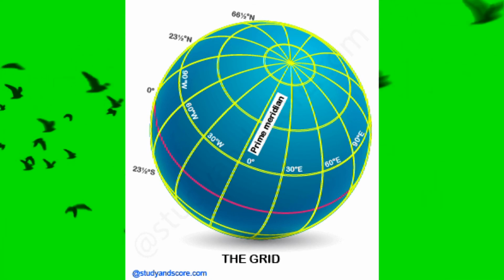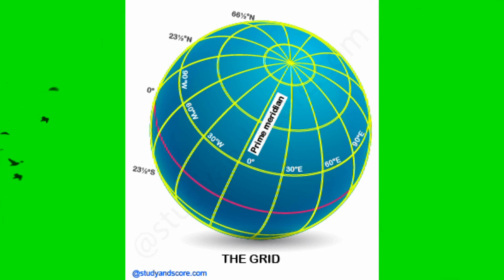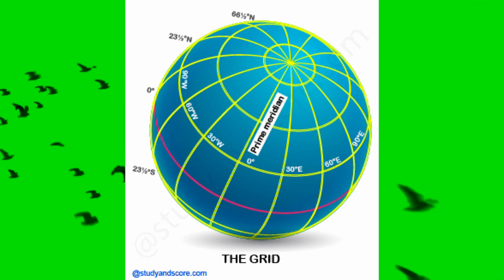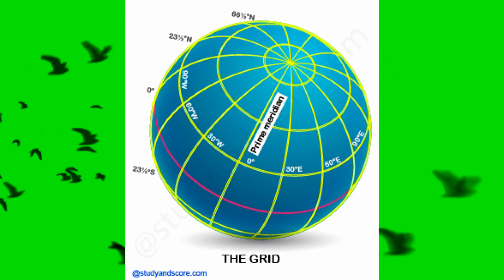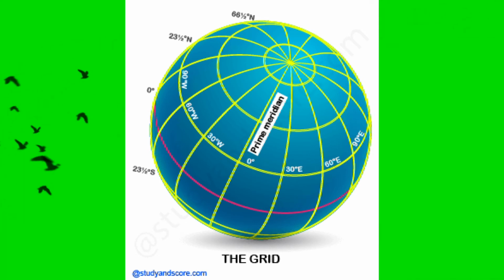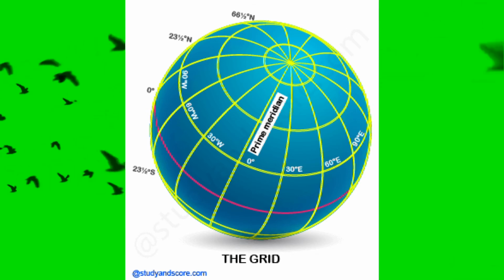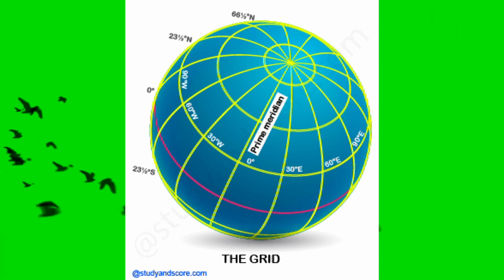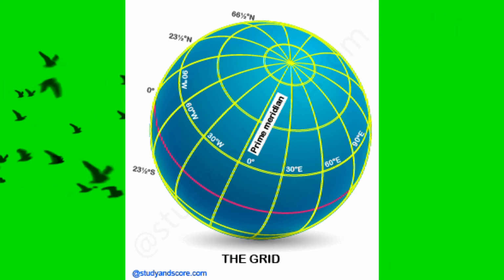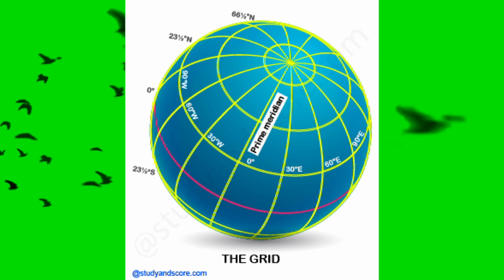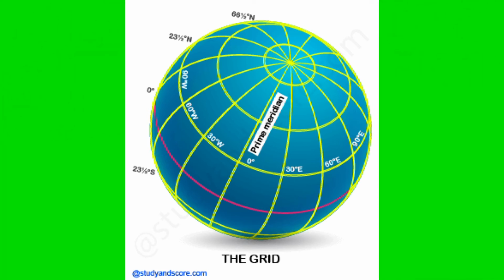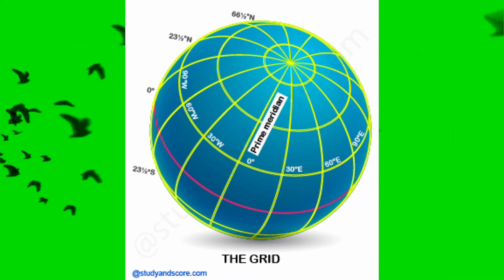So before learning any further about the coordinates, let us keep in mind that the degrees of latitude are numbered from north to south. So 0 डिग्री इक्वेटर से नॉर्थ में जितनी भी लैटिट्यूड की लाइन्स है will be denoted with N, and जितनी भी southern hemisphere में latitude की lines है will be denoted with S. Now in longitudes, degrees are numbered between 0 degree to 180 degree in the east and between 0 degree to 180 degree in the west.